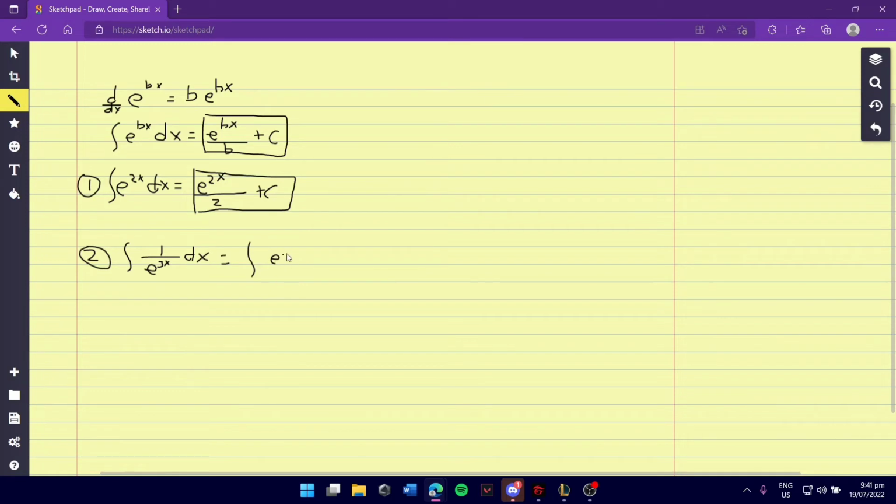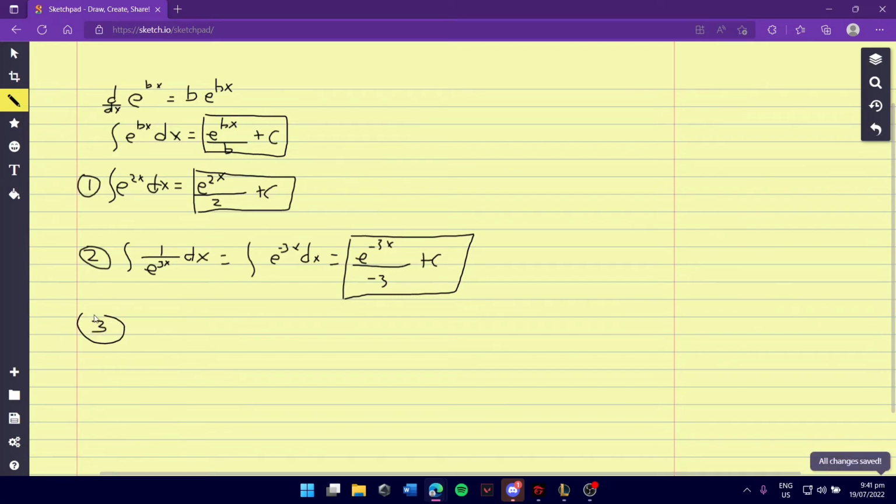So e will be raised to negative 3x, and then we multiply it by dx. Then we follow our formula, so copy e raised to negative 3x, and then we divide it by our constant, which is negative 3. And then we add our arbitrary constant. So this is your final answer.